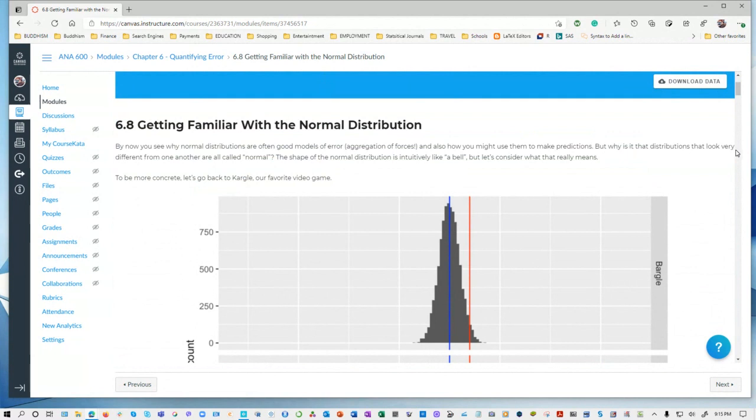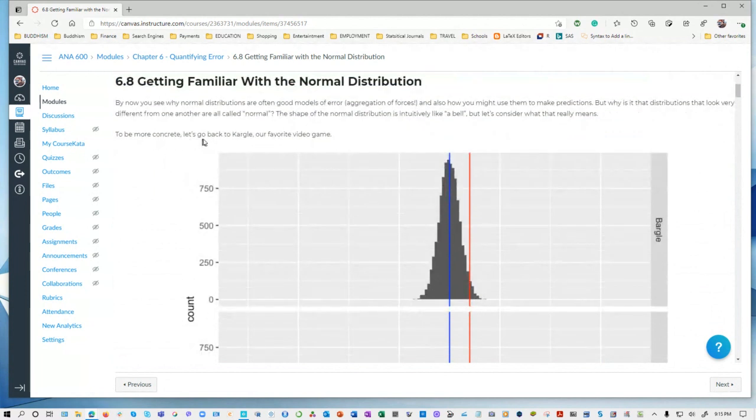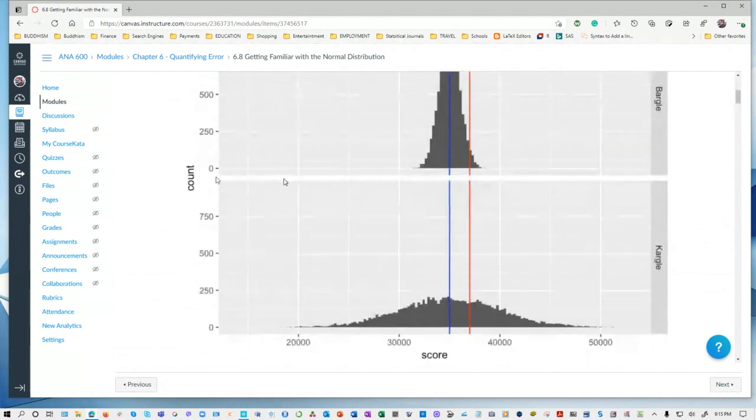But why are distributions that look very different from one another called normal? The shape of the normal distribution is intuitively like a bell, but let's consider what it really means. To be more concrete, let's go back to Kaggle, our favorite video game.